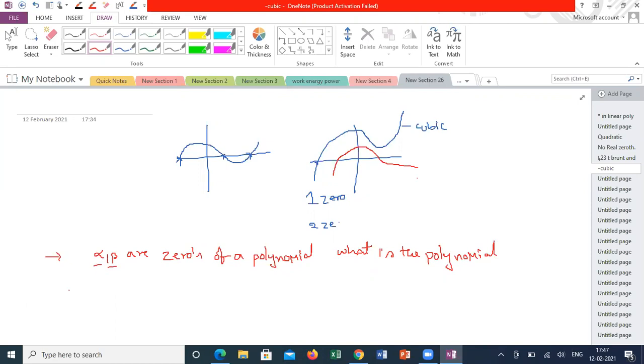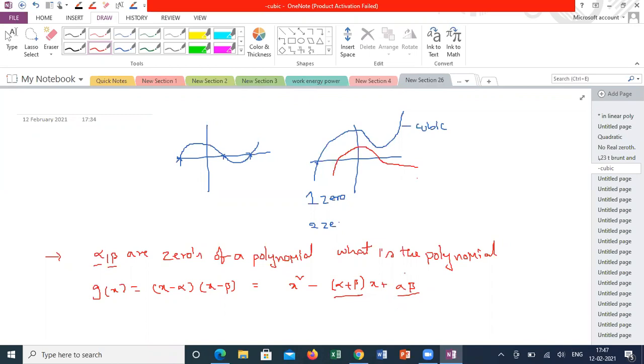Guys, got it? Yes, sir. So g of x is equal to x minus alpha into x minus beta, which is x square minus alpha plus beta into x plus alpha into beta. See, this is the sum of the zeros and the product of the zeros. Like this, even if they give 3 zeros, you have to calculate it in the same way.